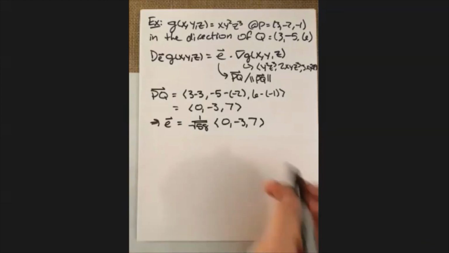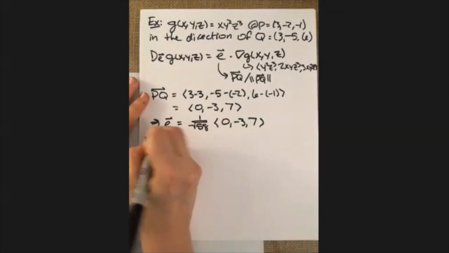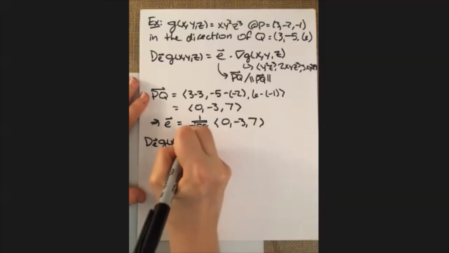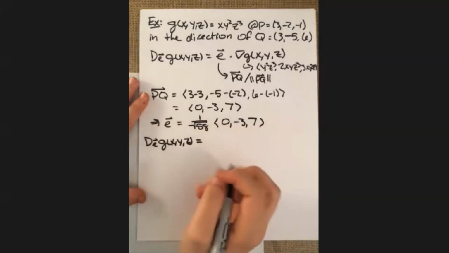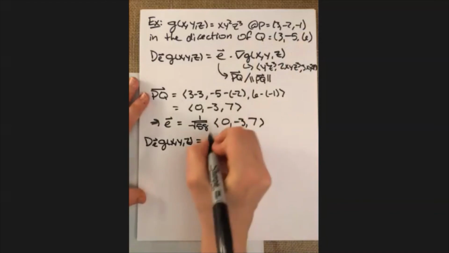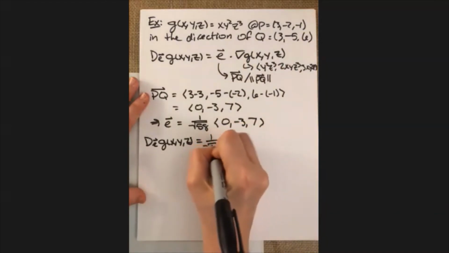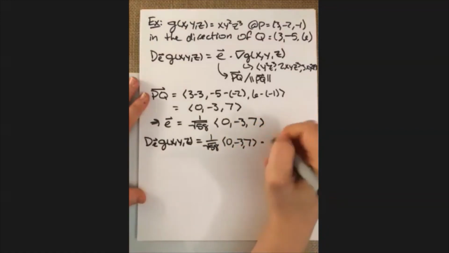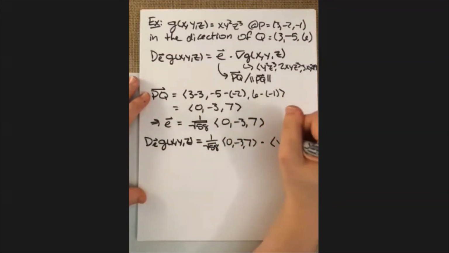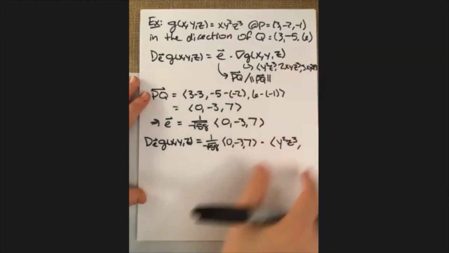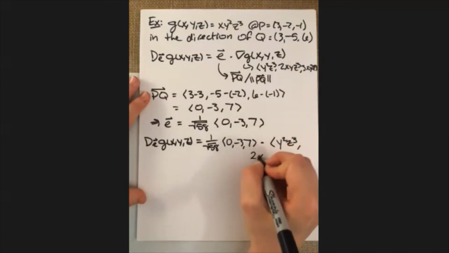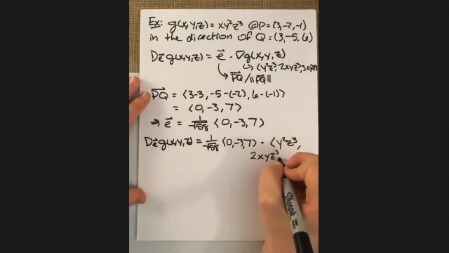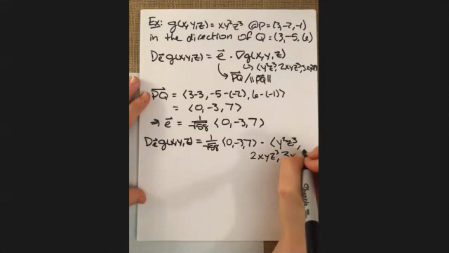Now we find the directional derivative of g in the direction of this vector E, which points toward the point Q. So that's 1 over root 58 times (0, -3, 7) dotted with (y squared z cubed, 2xy z cubed, 3xy squared z squared).